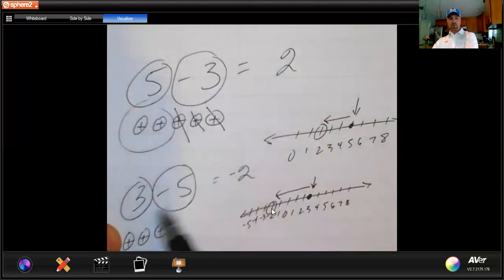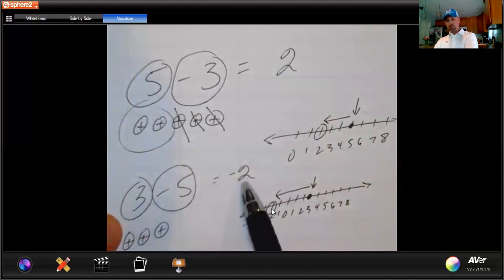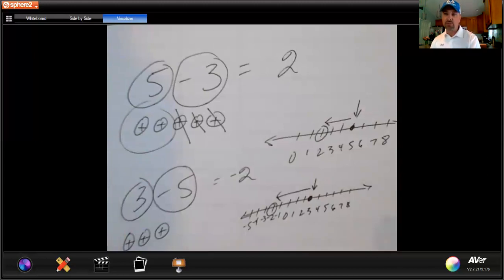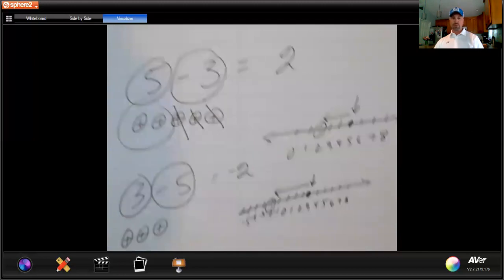But when we look at it this way, +3, -5, if we put those two together, +3 and -5, that would result in a -2 because there's 2 more negatives than positives. And so you can kind of see subtraction as addition, if you look at it a certain way. And it's pretty easy to see in this particular problem.